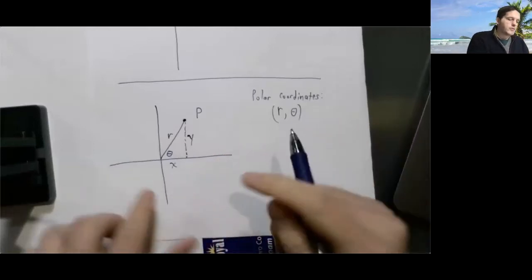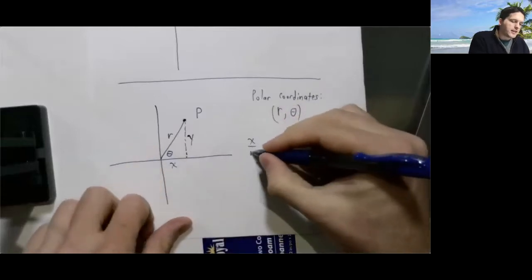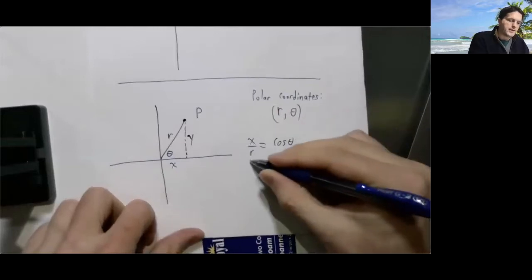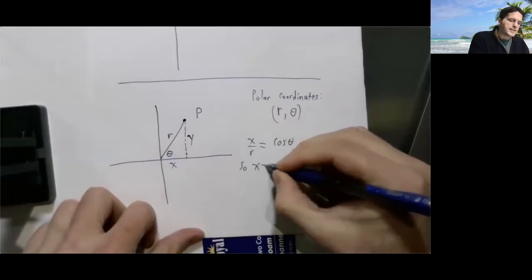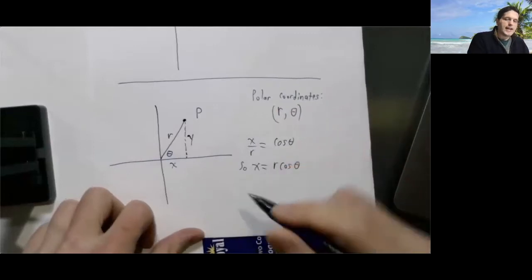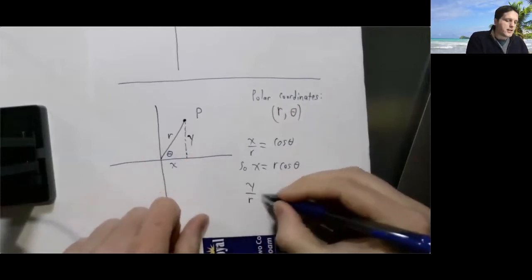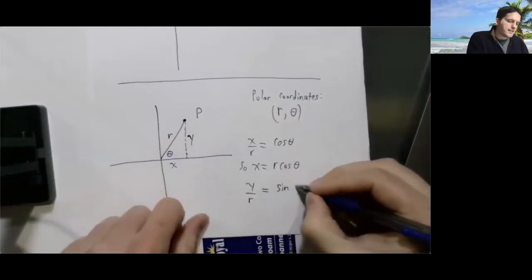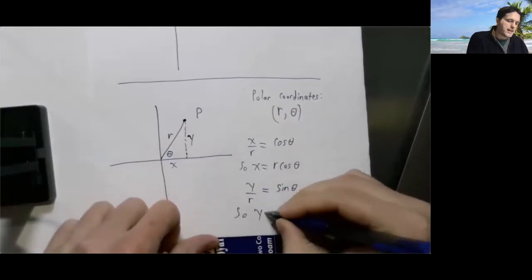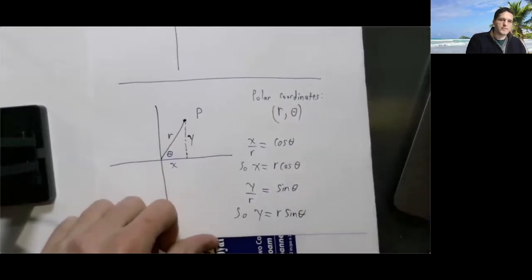Well, from trig, we have x over r is equal to cosine of theta. So that means x is equal to r times cosine of theta. And also from trig, we have y over r is equal to sine of theta. So that means that y is equal to r sine of theta.